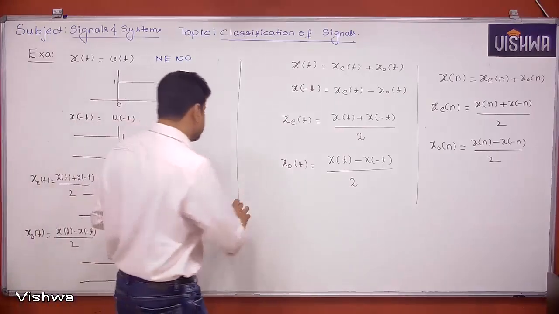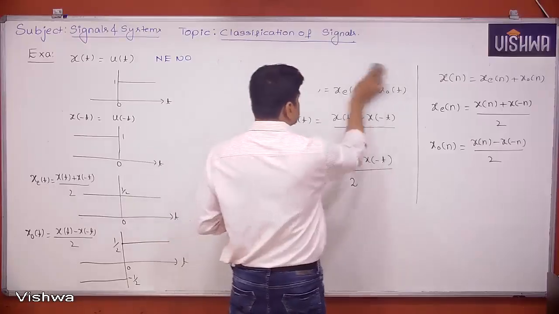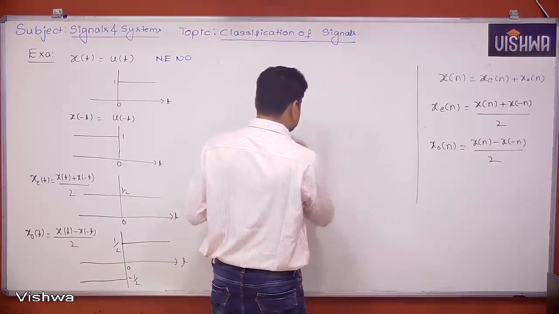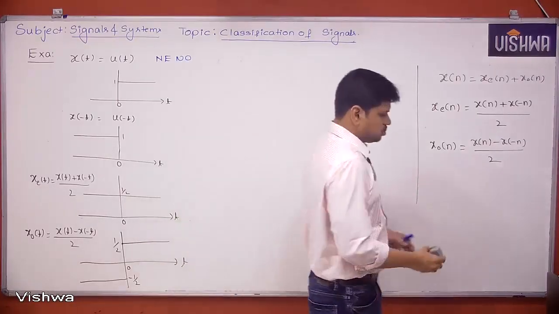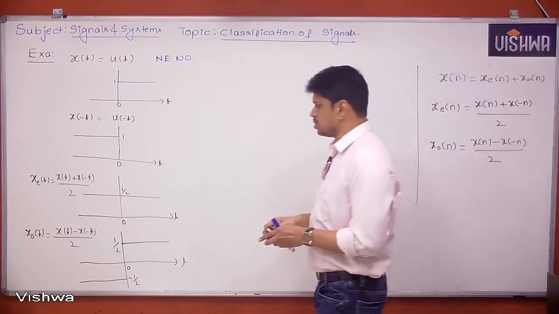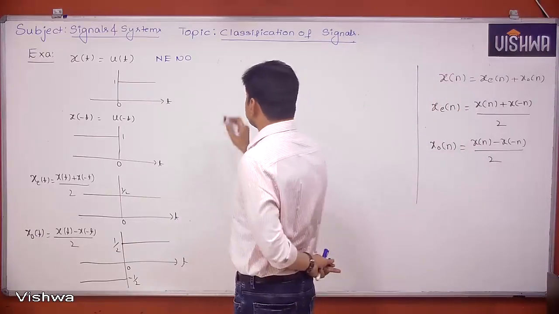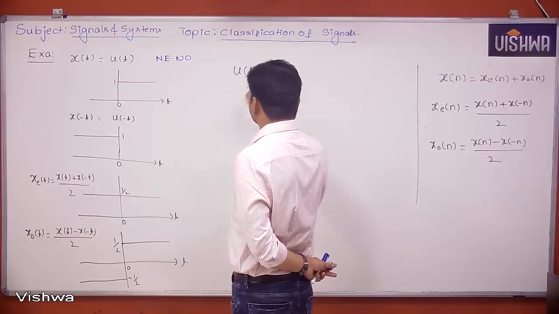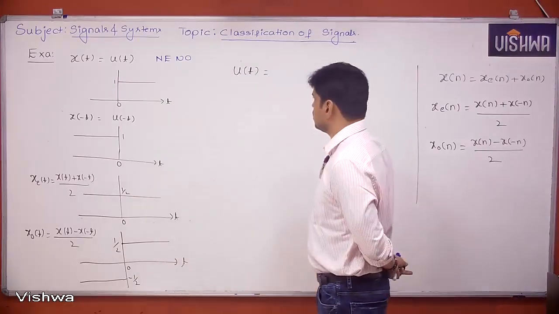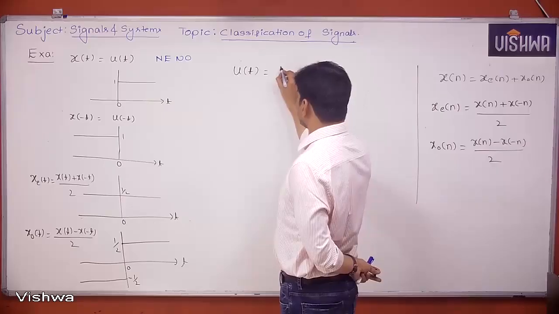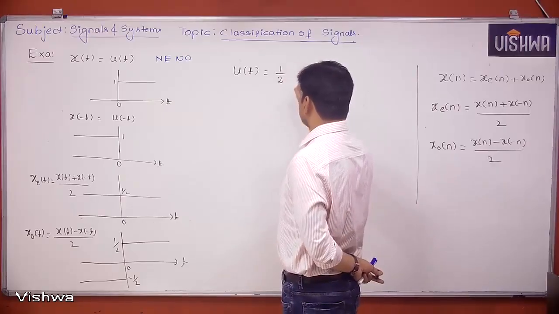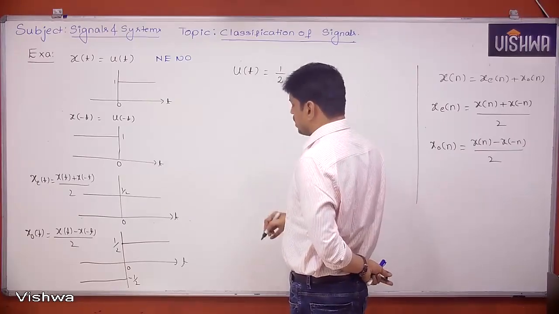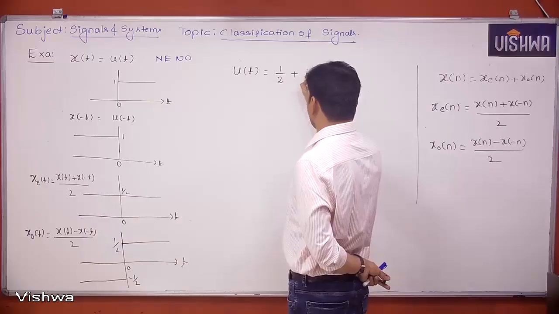So we can say u of t is a neither even nor odd signal, and it has an even part which is 1 by 2, plus an odd part.